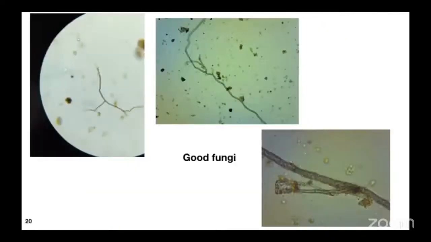Here we can see some good fungi again: the nice brown color, clear and evenly distanced septa, and in the picture at the bottom, you can see the little granules of oxalates on the outside of the fungi.